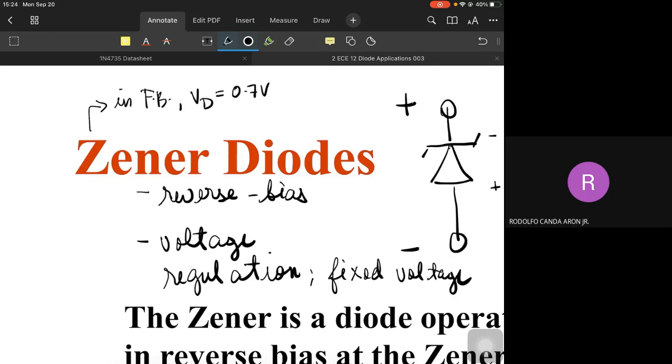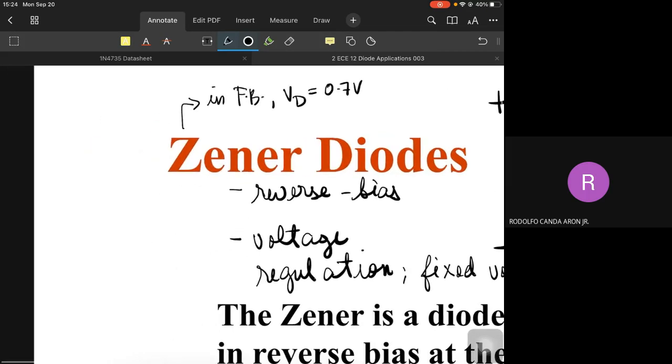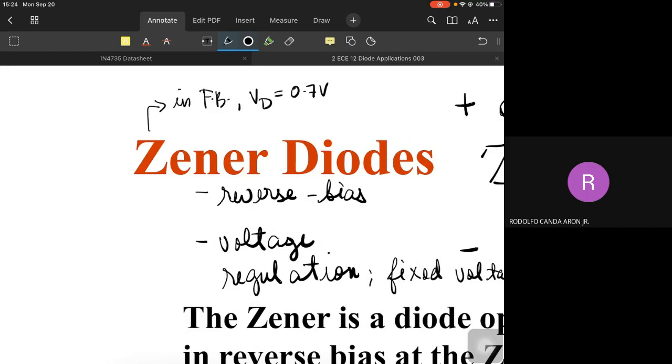So, normal nga diode. So, example, ito mga circuits before, no? Like that, but Zener diode. So, pareha, no? The same lang ang solution, the same lang ang behavior and characteristics, so on and so forth.